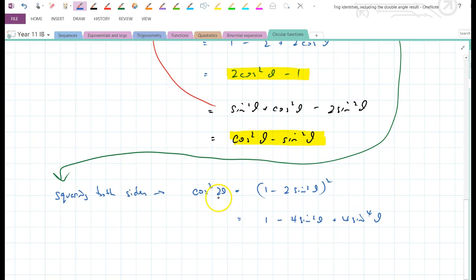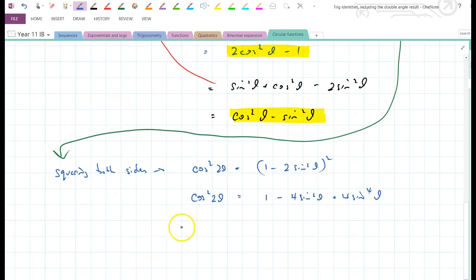I'm writing cos squared 2 theta now, beg your pardon, cos squared 2 theta as 1 minus sine squared 2 theta, making lots of errors. I'm probably rushing a little bit.